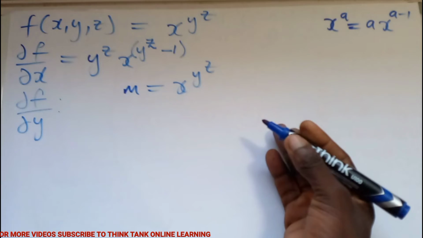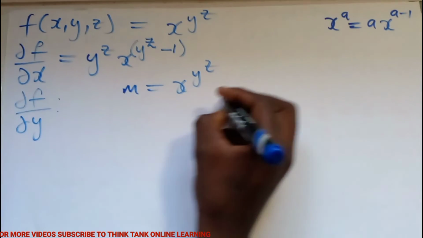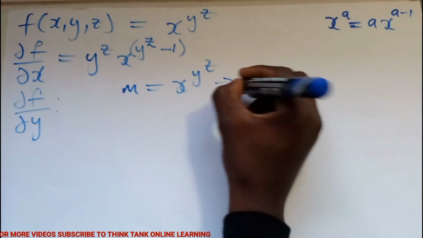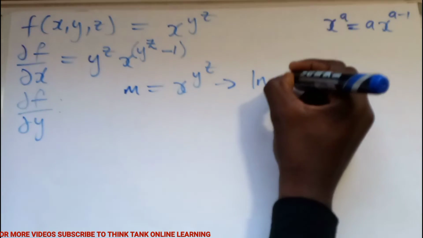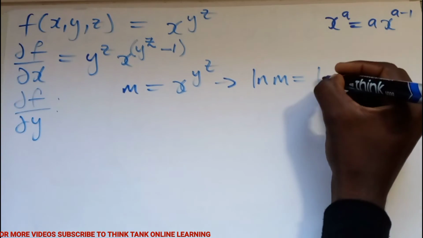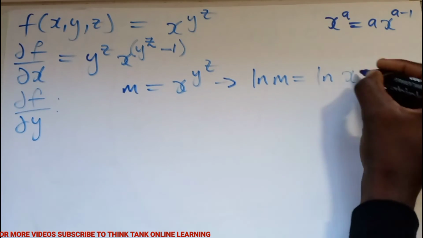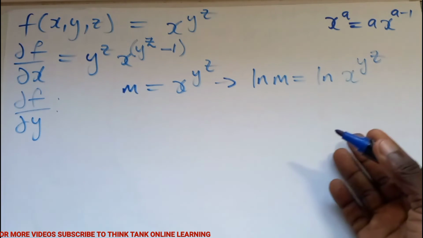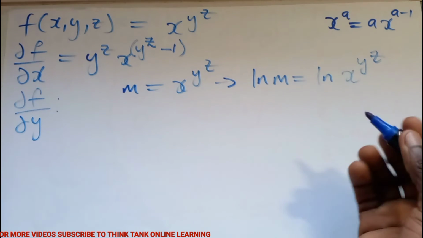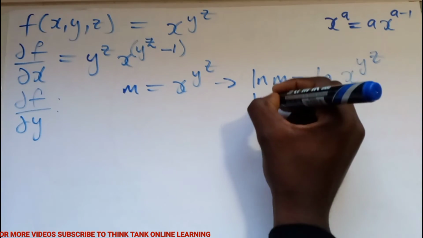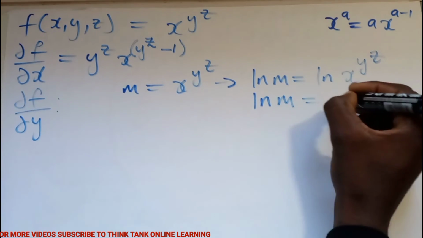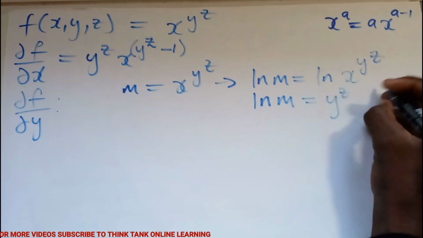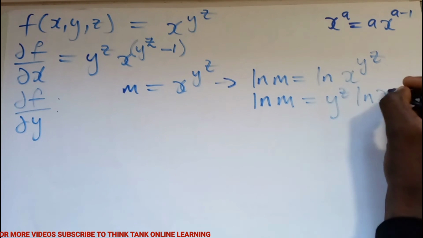Then by taking natural log on both sides, ln m is equal to the natural log of x to the power y to the power z. I'm going to drop the power, so ln m is going to be y to the power z ln x.